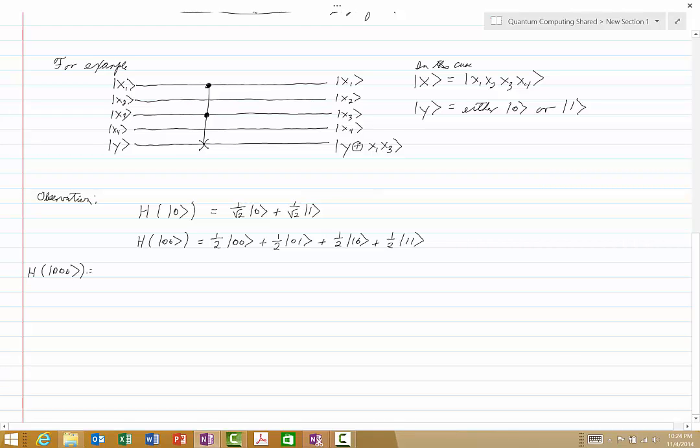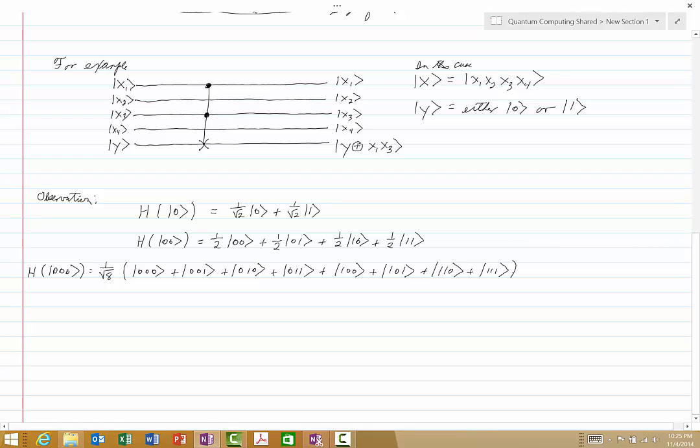And with a little bit of patience, you would see that this will end up being 1 over the square root of 8, times 0, 0, 0, 0, 0, 1, 0, 1, 0, 0, 1, 1, 1, 0, 0, 1, 0, 1, 1, 1, 0, 1, 1, 1.